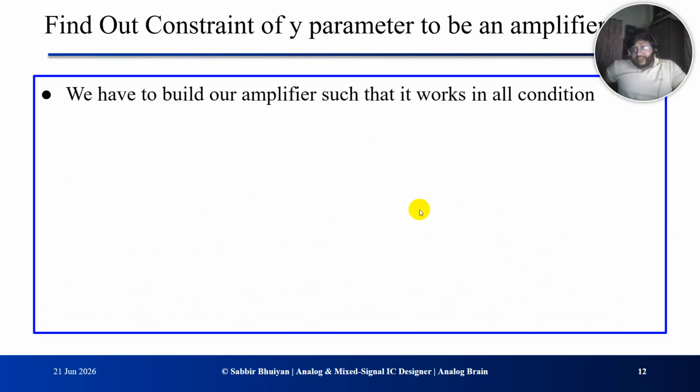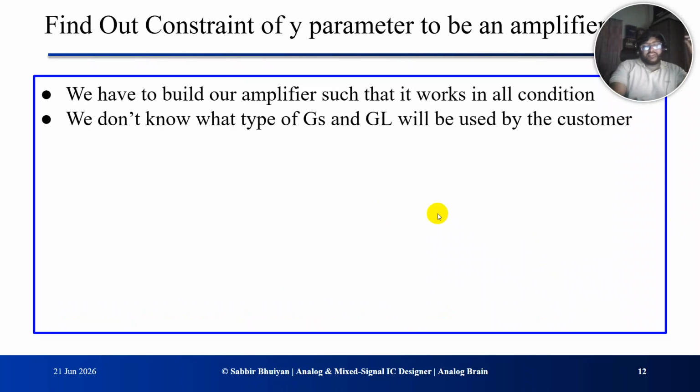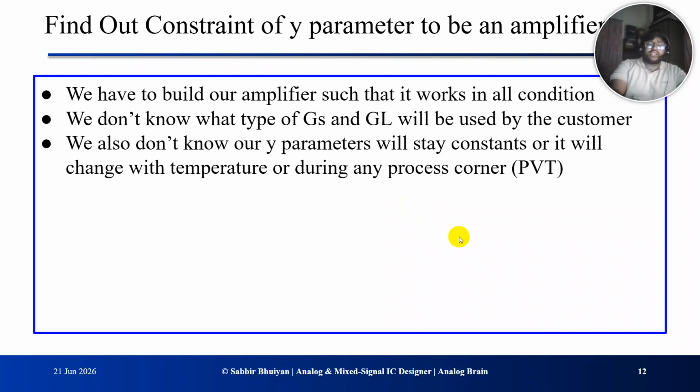We have to build this amplifier so it works robustly under conditions we don't get to control. We don't know what source admittance GS or load admittance GL the customer is going to connect. We don't know whether our Y parameters will hold constant or drift with temperature, or shift across a process corner, what is called PVT variation.